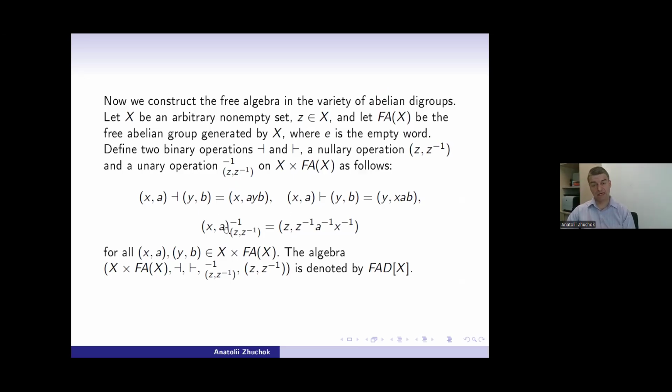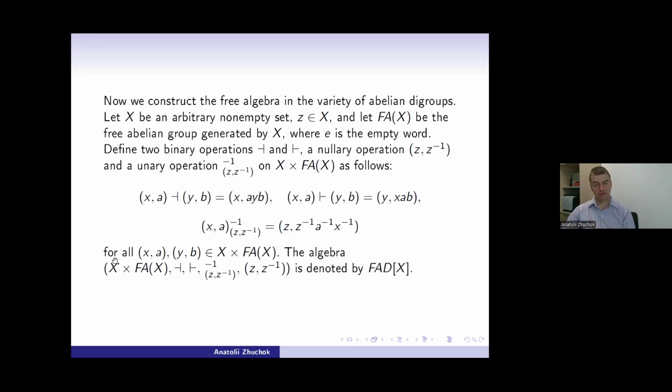But we add a unary operation in this way. And also we take a nullary operation z minus 1.